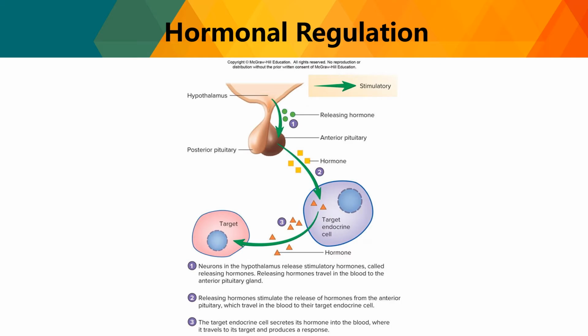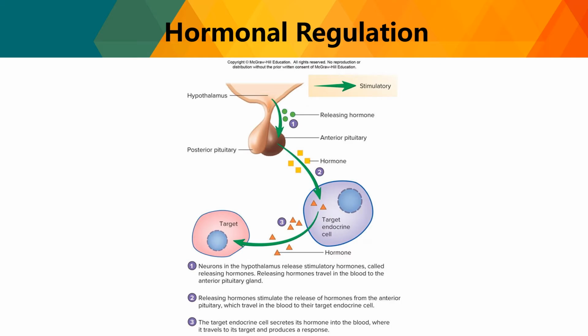Okay? So, in this image that you see here, we have the hypothalamus. So, stimulatory siya because when it releases hormones, the hypothalamus actually affects the anterior pituitary gland. Okay? So, sa anterior pituitary gland, kapag enough yung nakukuha ng hormones coming from the hypothalamus, magre-release din siya ng another type of hormone.